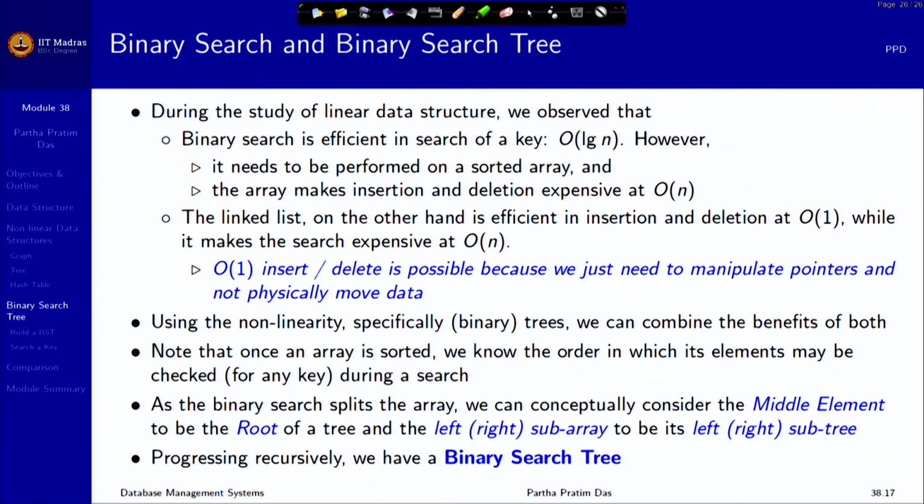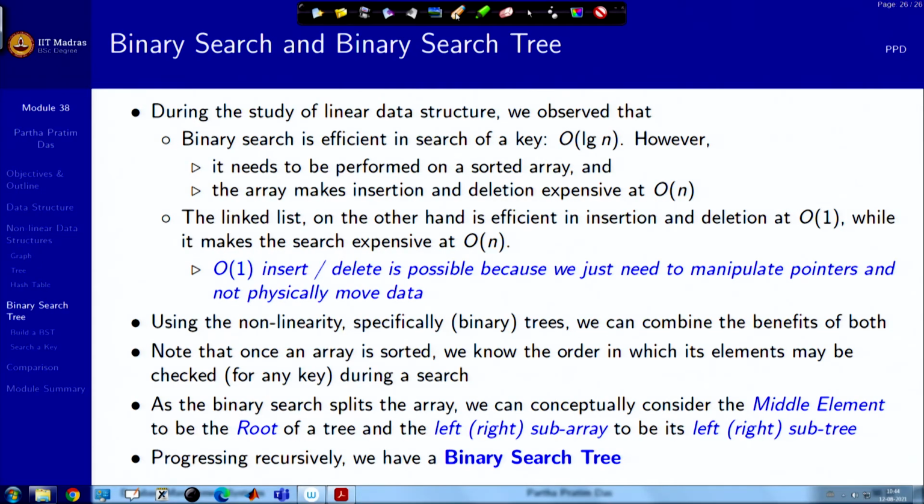Now, again, from the study of the linear data structure, we found certain observations that binary search was the best possible way to find a key, that was of log n. But it has to be performed on a sorted array, and the moment you have an array, you have deletion and insertion which is order n. So, that prevented us from getting this benefit of finding the key efficiently.